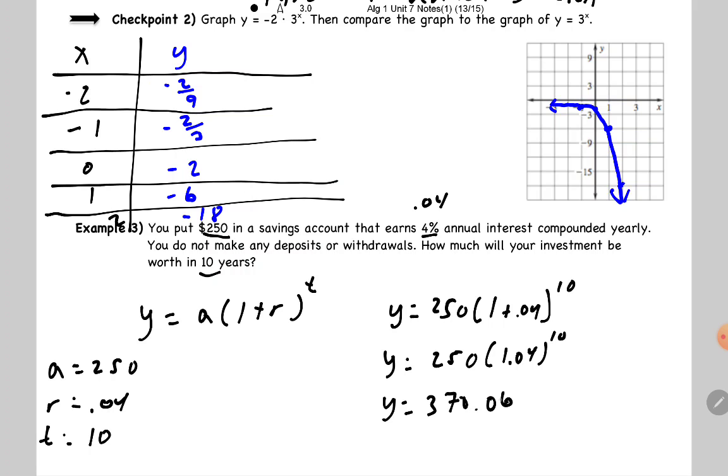$370.06. So that $250 with a 4% annual interest will become $370.06. So you would have made over $120.